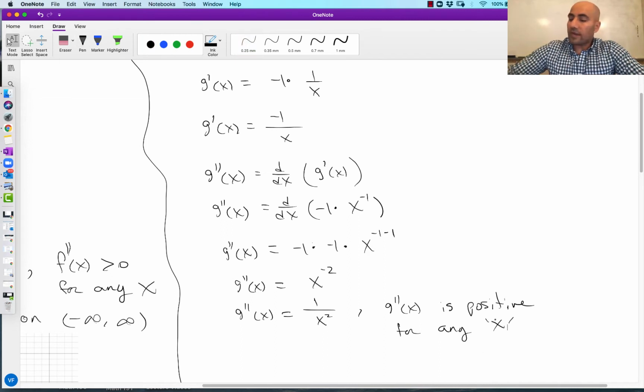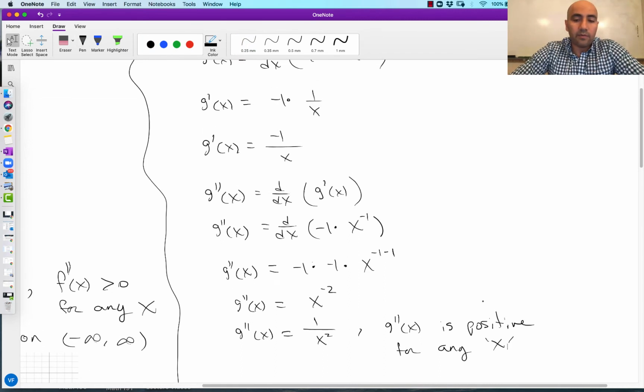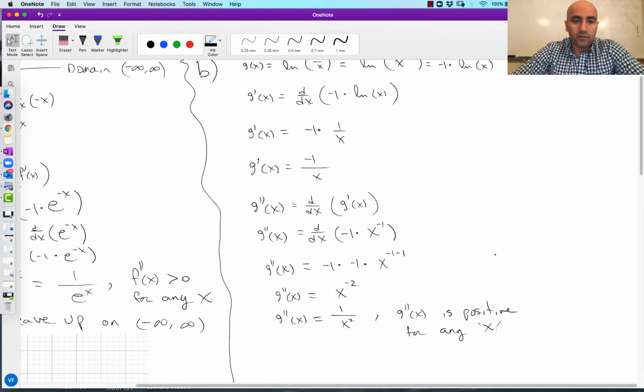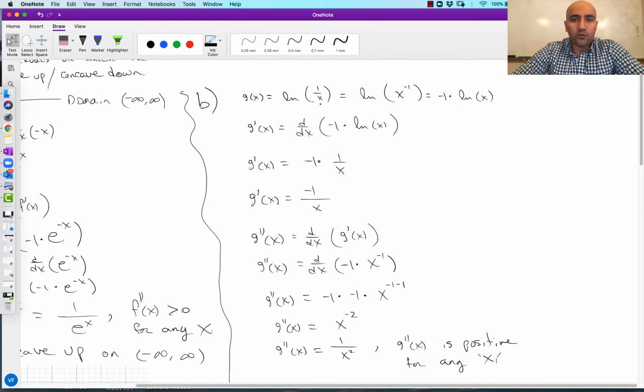But we do have to be careful about the domain of g. Coming back to the original function up here, remember that the argument of an ln function has to be strictly greater than 0. So we have to make sure that whatever value we input results in something greater than 0.